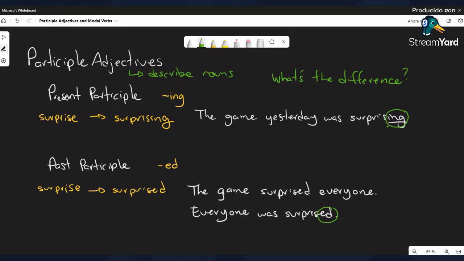When I use ing, I am describing something, or even a person. I'm describing something, an object, an animal, or a person itself. But if I say it with ed, when I say surprised, I'm talking about the feelings of someone.